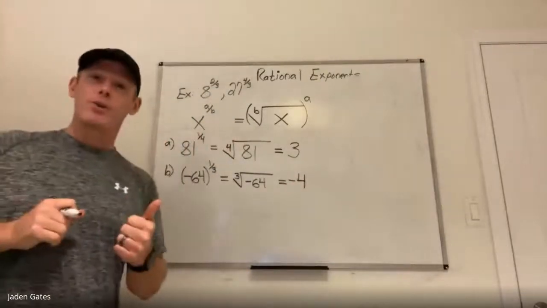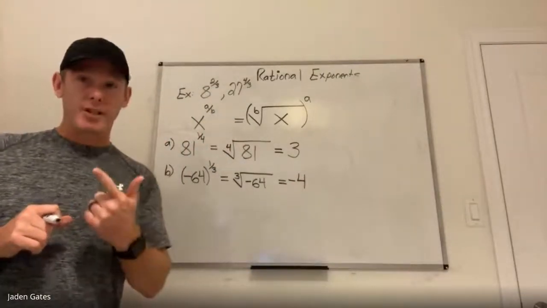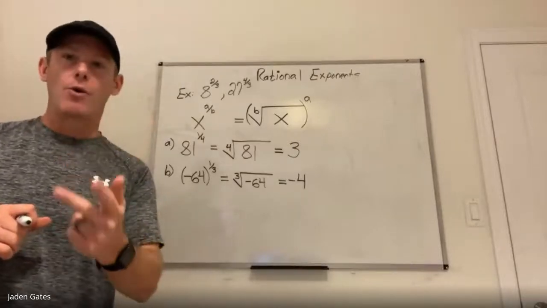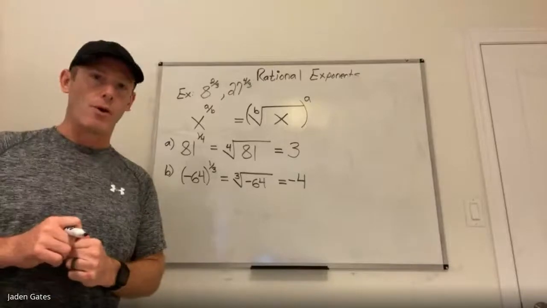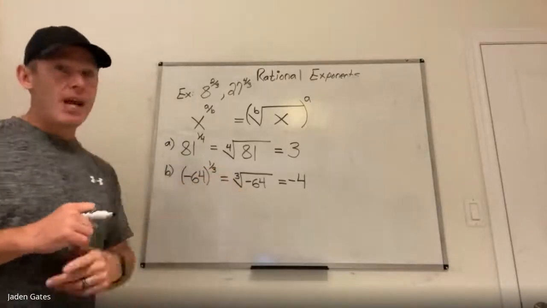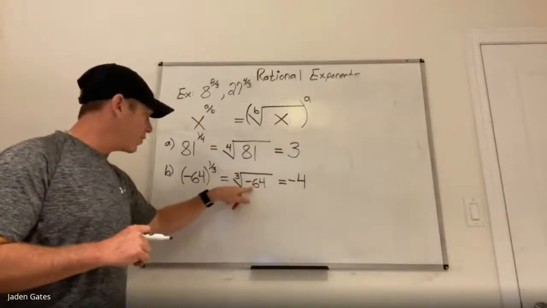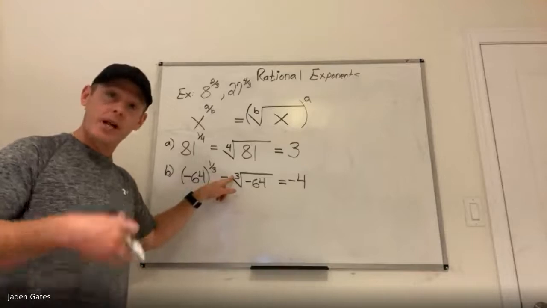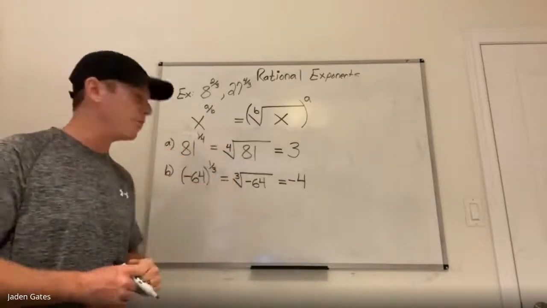Because negative 4 times negative 4 is negative 16, or sorry, is positive 16, but times another negative 4 gives us that negative 64. Hence why the odd numbers, it's okay to have a negative in there. But again, if there's a negative sign underneath the root sign, and this is a 2, 4, 6, 8, 10, even numbers, it isn't doable.